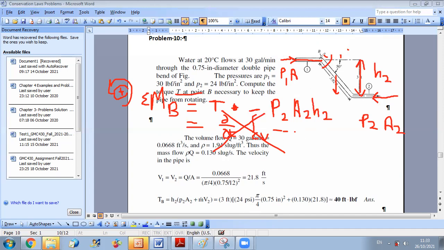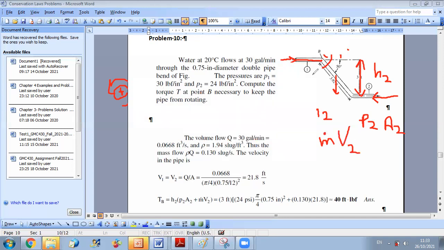And as we said, the inlet flux will not have any moment since it's passing by B. So we only have the angular momentum of the exit jet, and we already computed its value. It's equal to m dot out times V2 times H2, which is the distance of 3 feet.